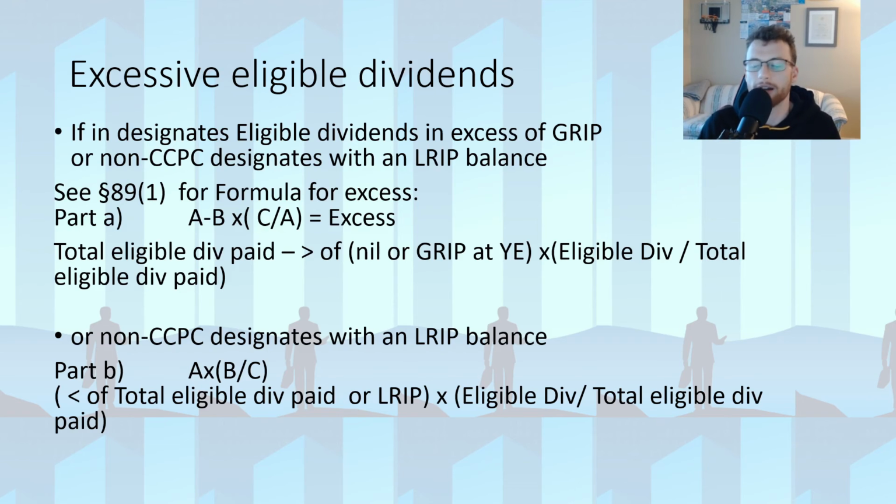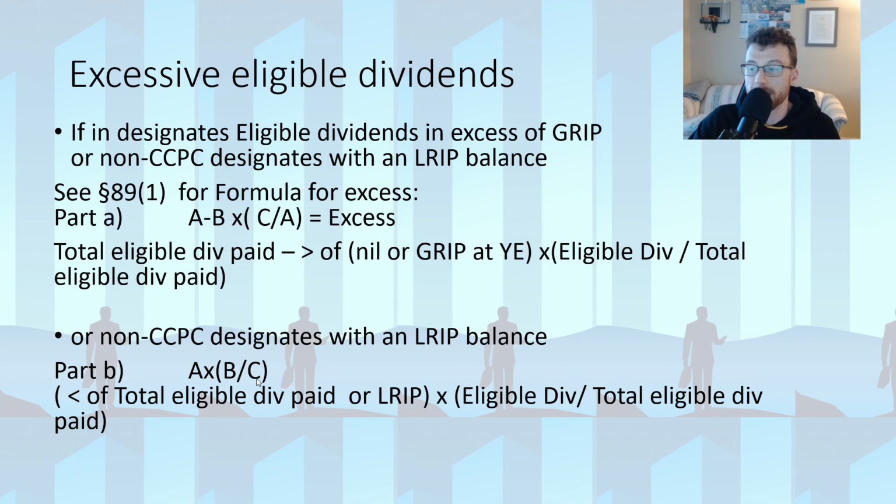If you are a non-CCPC, you're going to have to worry about LRIP. When you make the election to not be a CCPC and you may have an LRIP balance, you need to declare these non-eligible dividends before you declare any eligible dividends. If you make a mistake on this, the calculation is as follows.